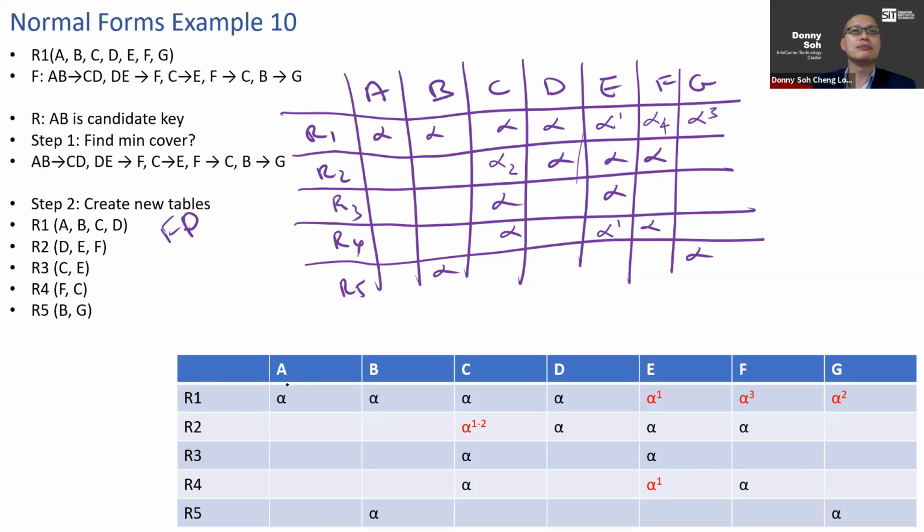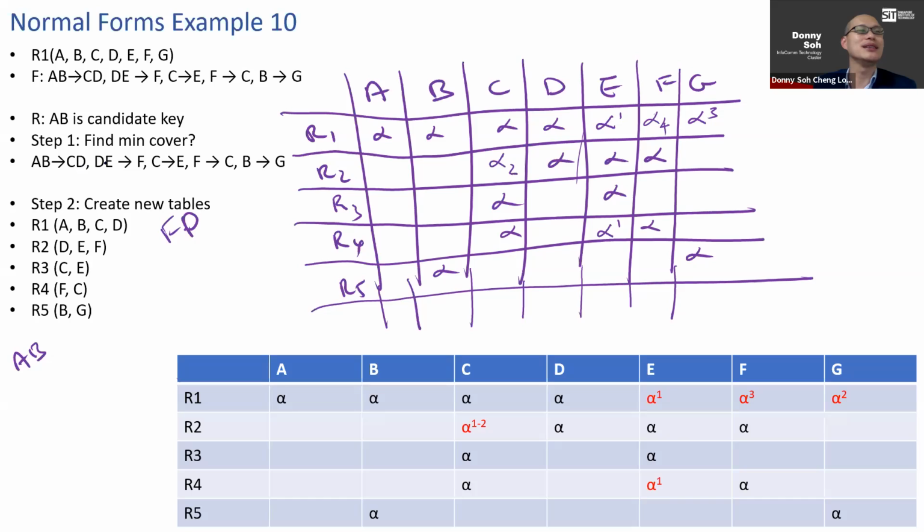If you want to make it lossless, we just find the primary key of this, create a new table, and we can prove that this is lossless already. So let's quickly do it. AB is not in my right hand side.